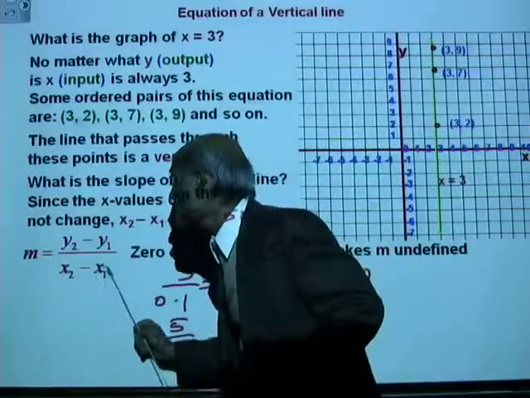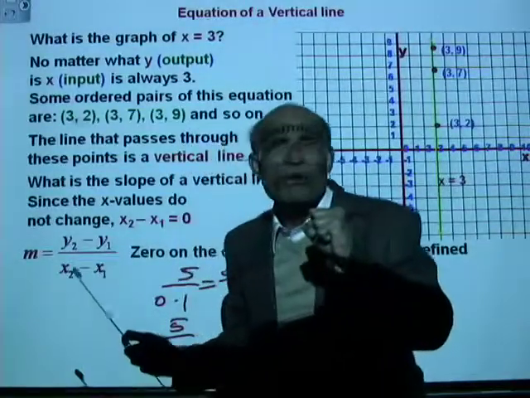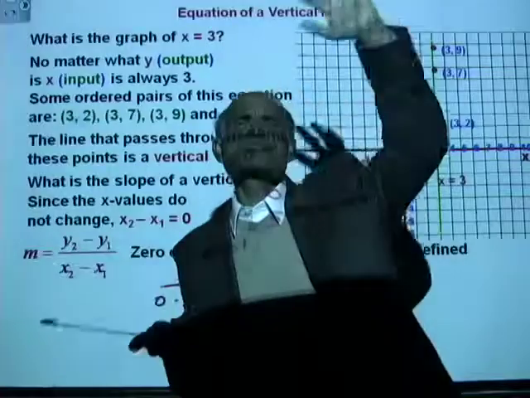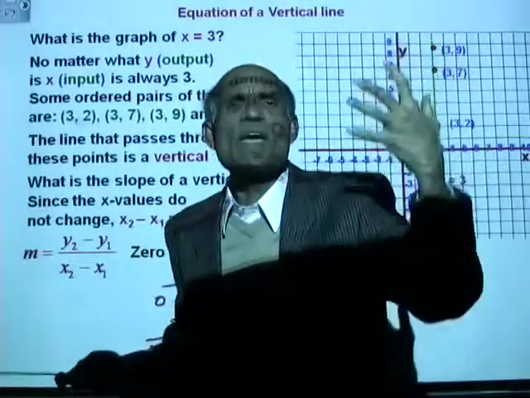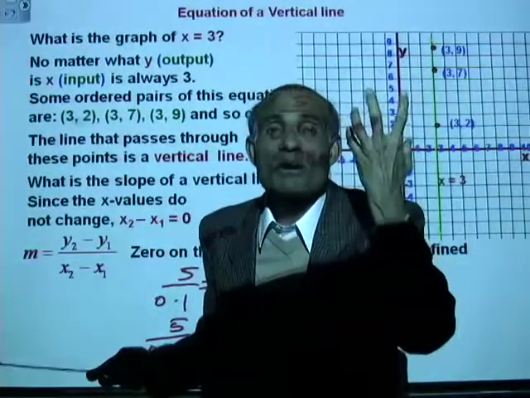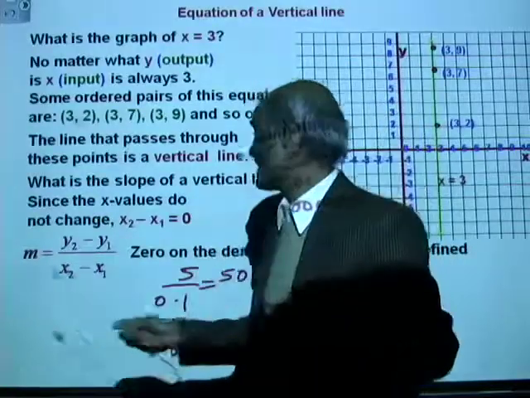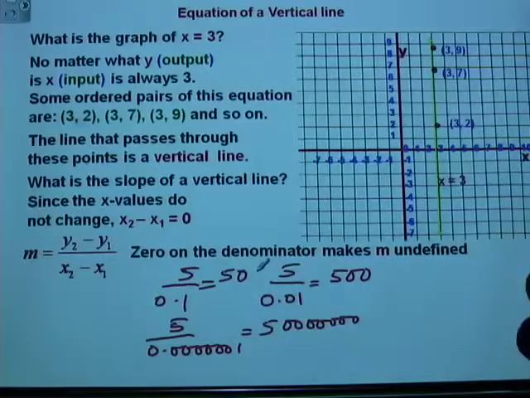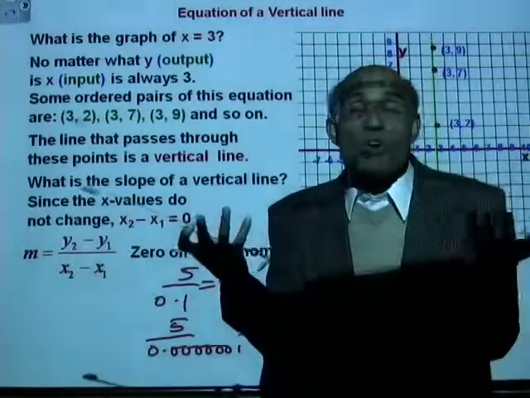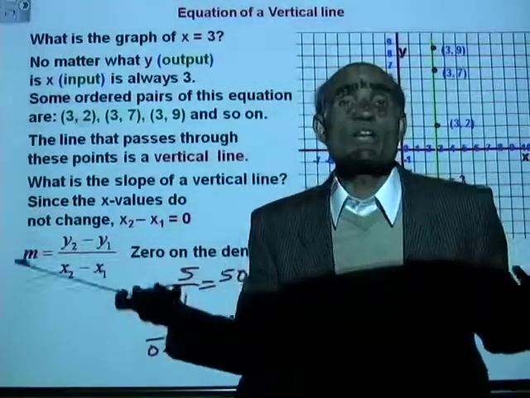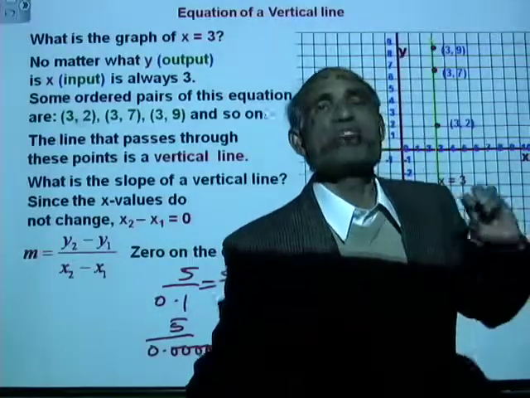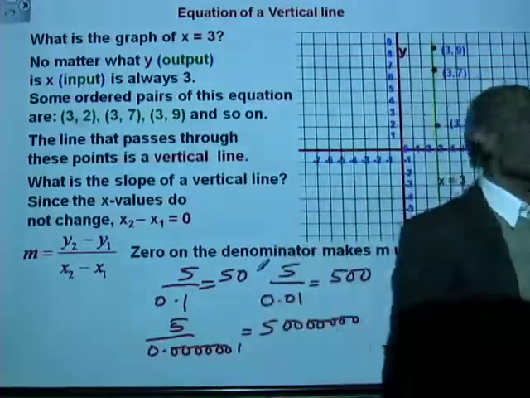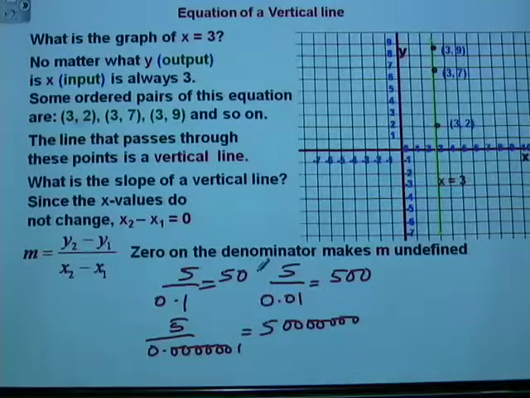Ultimately, when this x2 minus x1 becomes 0, the value of this will be so large we will not be able to fathom it. That's why we say 0 in the denominator makes m undefined, because we don't know what it is. So we call it undefined. We say that is not allowed because we don't know what it is. So that concept must be clear to you. All right?